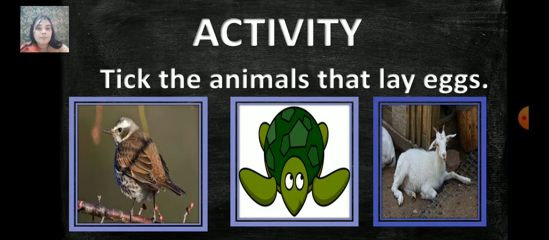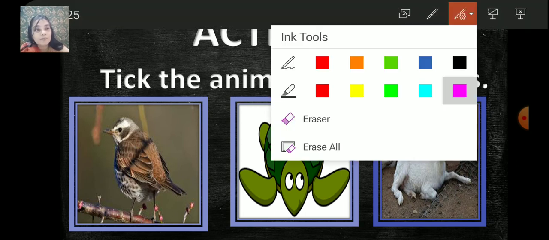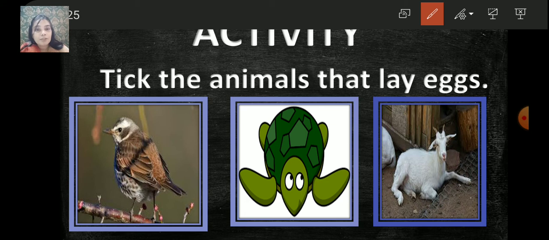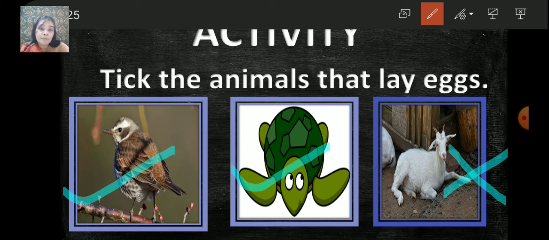And here, sparrow, tortoise and the goat. So now come on, tell me which are the animals that lay eggs. So let me take my pen. So sparrow, yes. And goat, no. So goat gives birth to the baby. And these two, this sparrow and the tortoise.